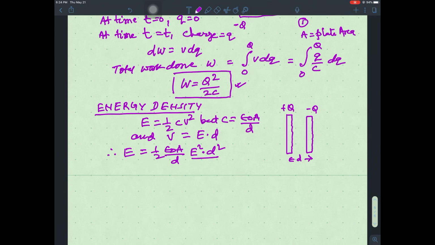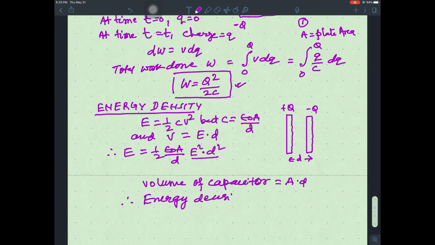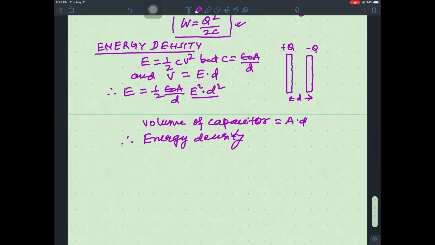Now the volume of capacitor. What is the volume of the capacitor? Volume of capacitor is equal to A into d. So energy density, which is energy stored per unit volume, is equal to energy by volume.